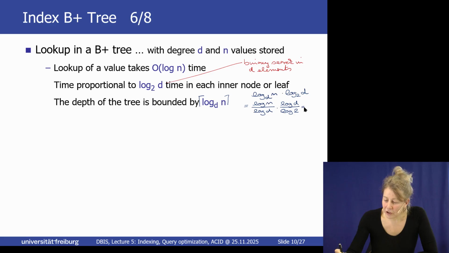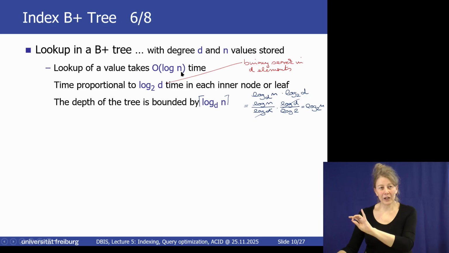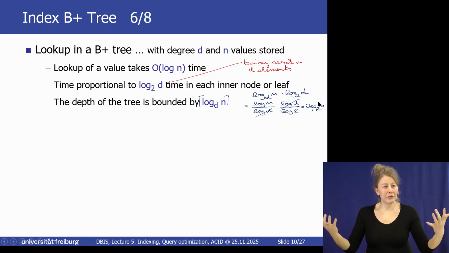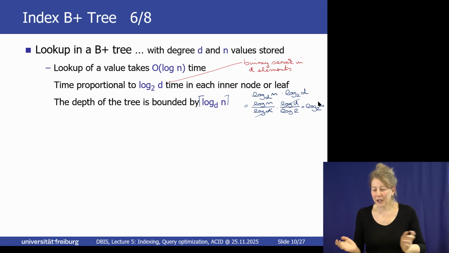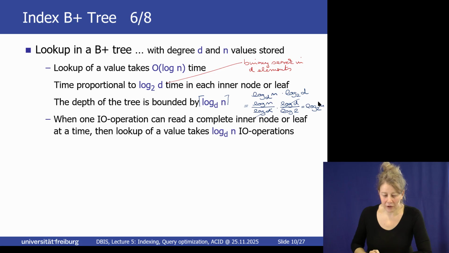And that is just log n to the base of 2. It just cancels out here. So exactly right what was said in the chat, that's just the time for doing binary search on the leaves. So it's as good but also not better compared to binary search on the leaves.